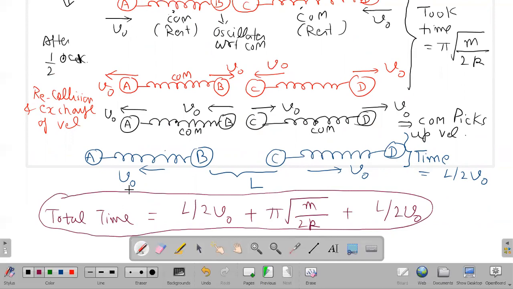So this is a very good question involving the concept of impulse, momentum, and simple harmonic oscillation. The key point in this question is when B and C are going to collide, there is no change in the velocities of block A and D, because A and B are connected together, but they are not connected by a string. They are connected by a spring.